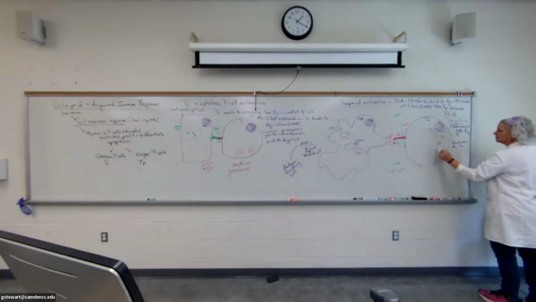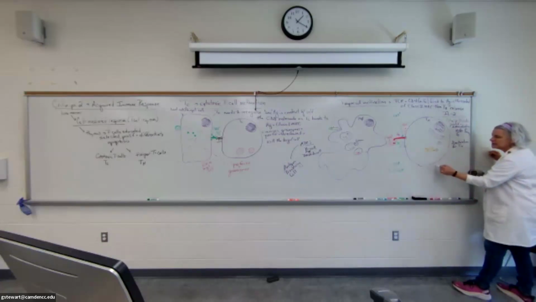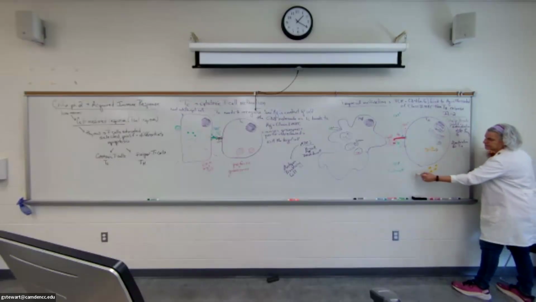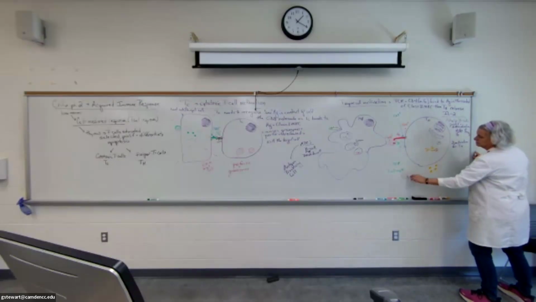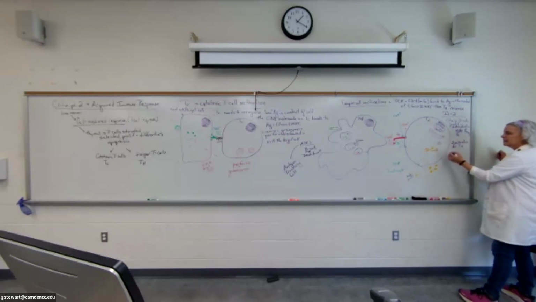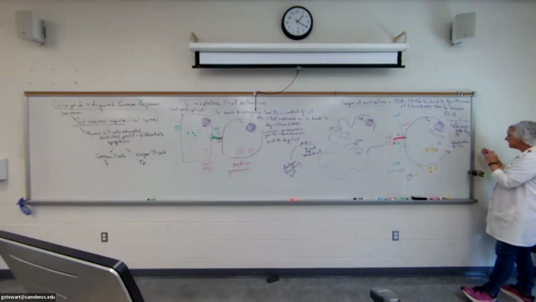Oh, it's going to have to be squares. So this is your IL-2. When this IL-2 gets released, some of it is going to go help the B cells. Some is off to help B cells. Some of it is going to bind back to this very T helper cell.